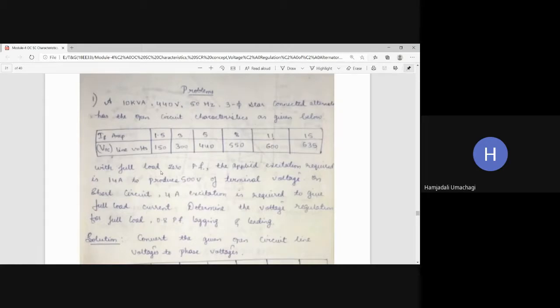Pure inductive load means zero power factor. Okay, the applied excitation required is 14 ampere to produce 500 volts of terminal voltage. So we know that for plotting the ZPF curve we want only 2 points, one corresponding to the rated voltage and another corresponding to the zero voltage or the short circuit condition.